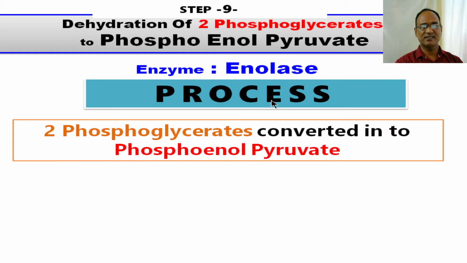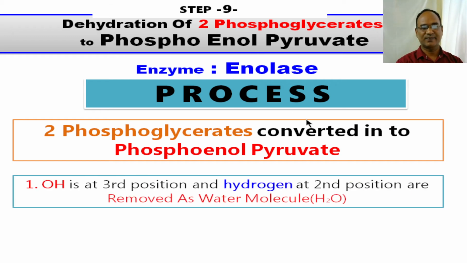The process is 2-phosphoglycerate is converted into phosphoenol pyruvate. Finally, the pyruvate will be separated in the 10th stage. Now we are going to remove one hydrogen from 2-phosphoglycerate by activating the process with the enzyme enolase.